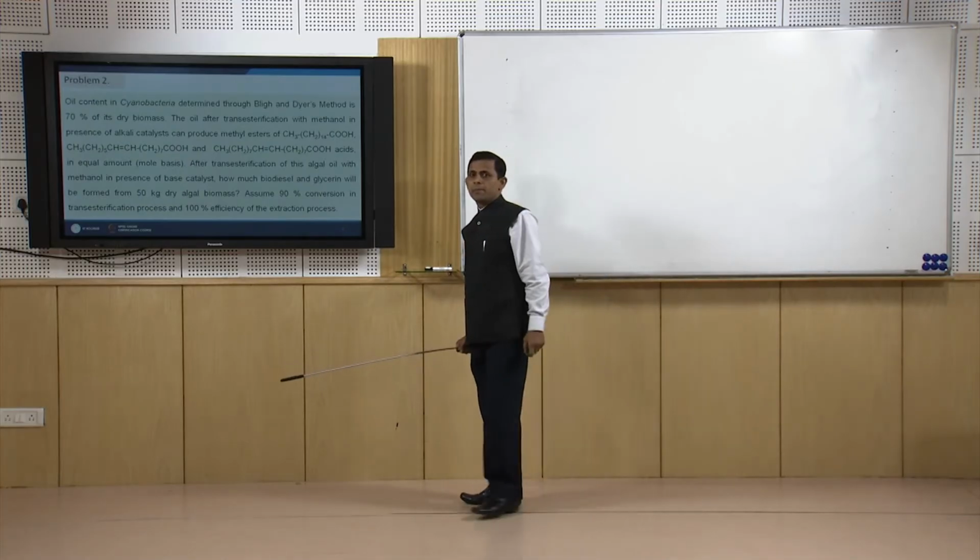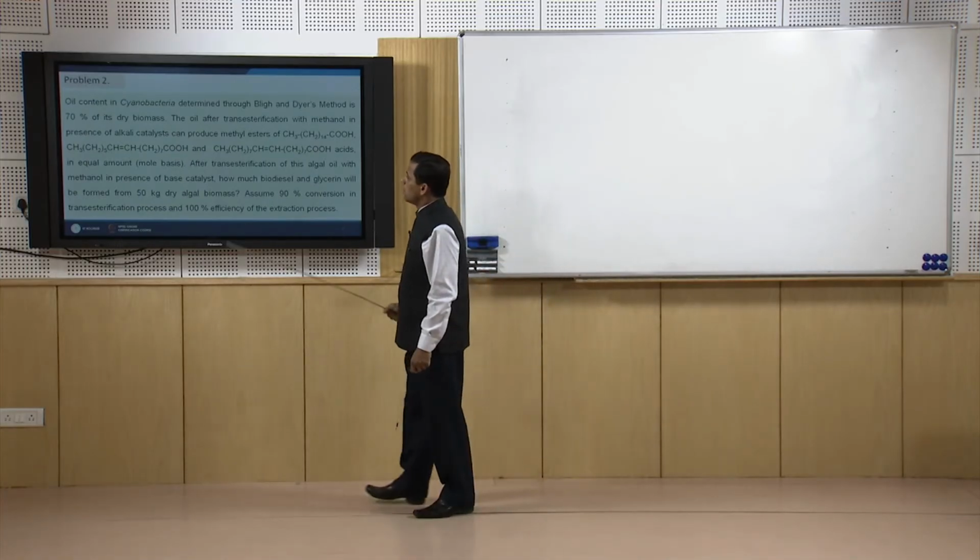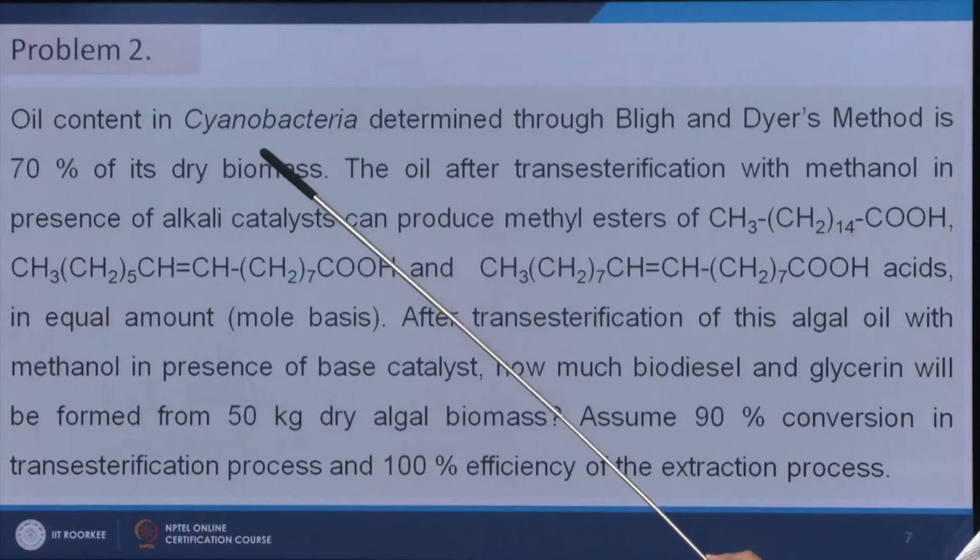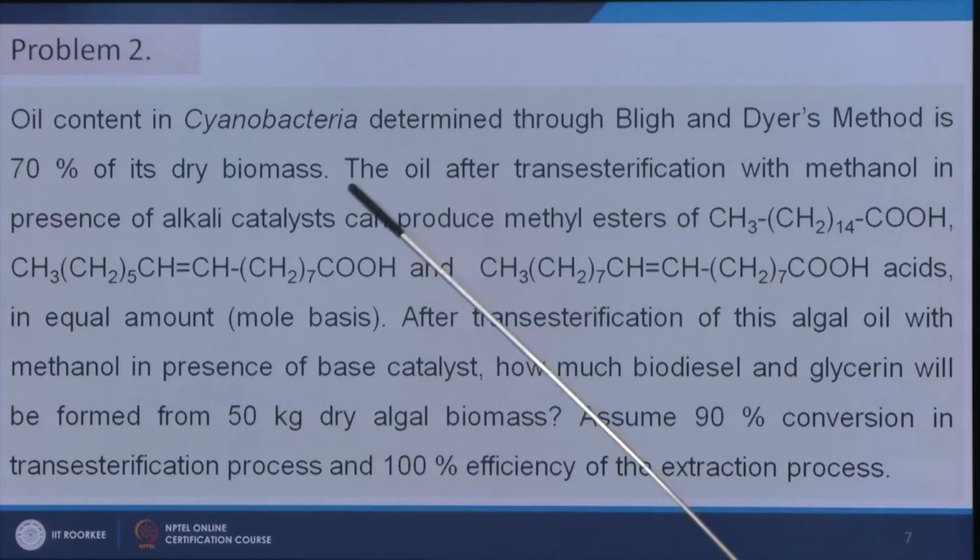Our next problem statement is like this: oil content in cyanobacteria determined through Bligh and Dyer's method is 70% of its dry biomass.